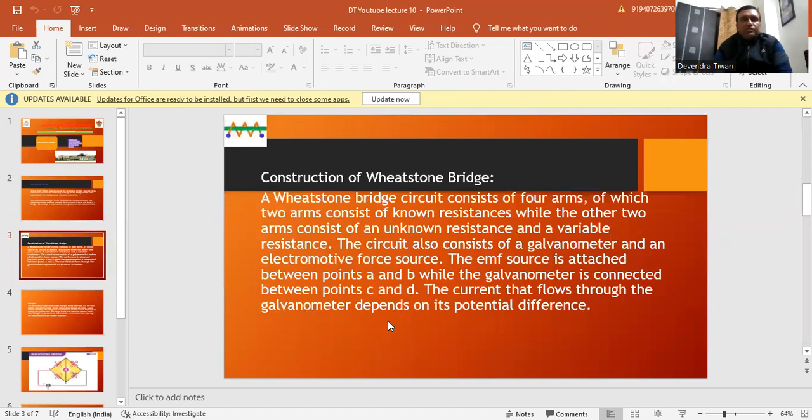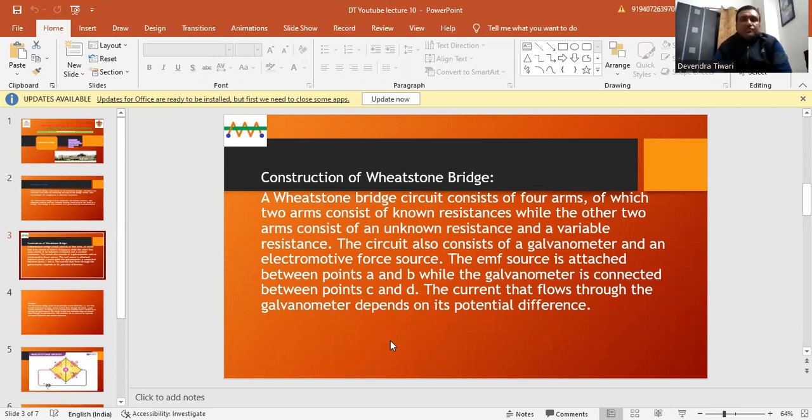Construction of the Wheatstone bridge. A Wheatstone bridge circuit consists of four arms. As I already told you, it will have four kinds of resistance in its four arms: two arms consist of known resistance, while the other two arms consist of an unknown resistance and a variable resistance.